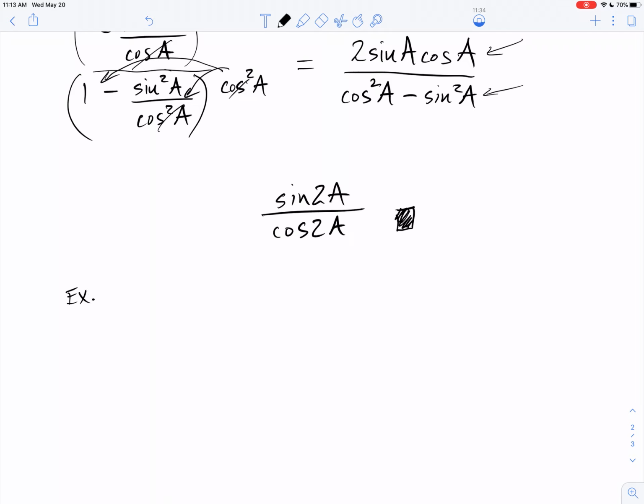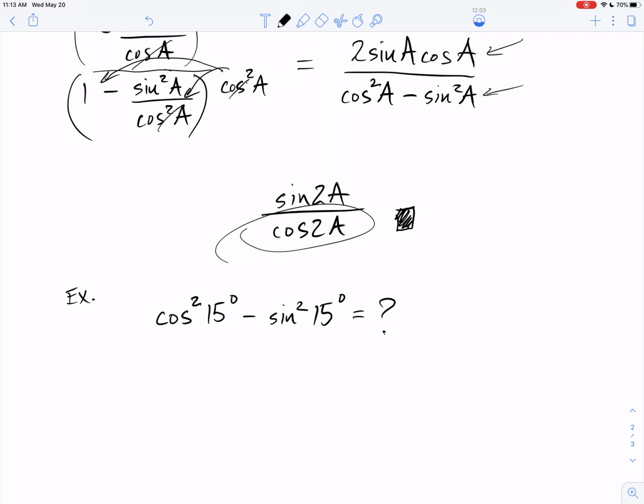They might say something like this: cosine squared 15 degrees minus sine squared 15 degrees. What does that equal? And I say to myself, well, heck, I don't have any cool special 15-degree right triangle trick that I know, but you'll notice this is given in the format of cosine 2A.